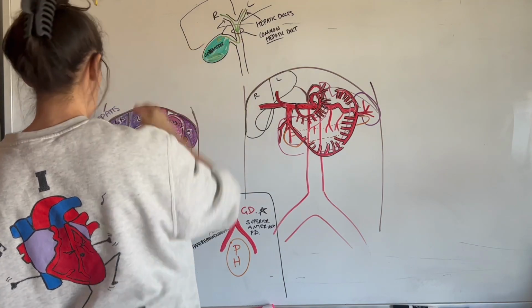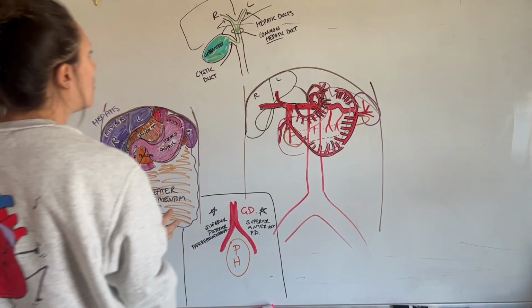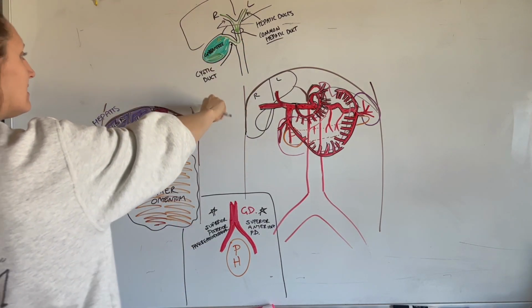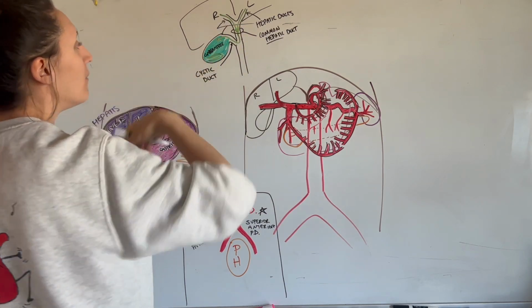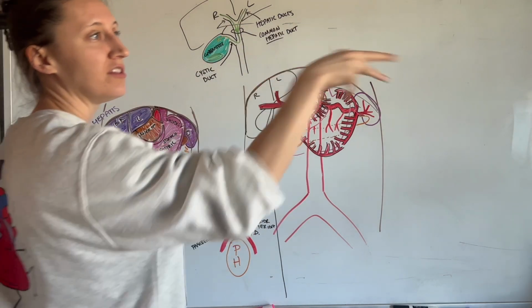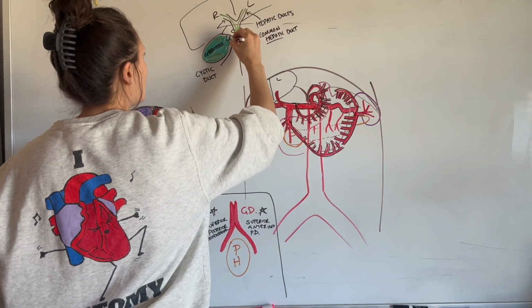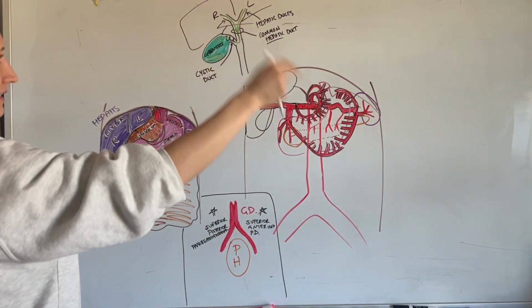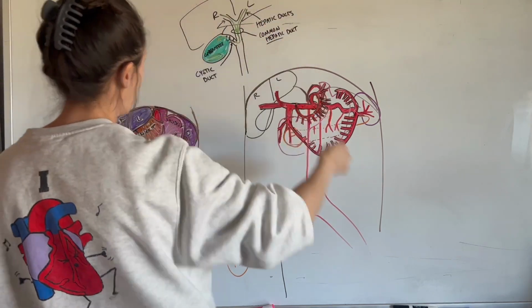And this duct is called the cystic duct. So the gallbladder has a cystic duct that allows bile into the gallbladder, but also allows the gallbladder to secrete bile when we need it, like when we eat a fatty meal. So this is a two-way duct. Things can come in and things can come out.